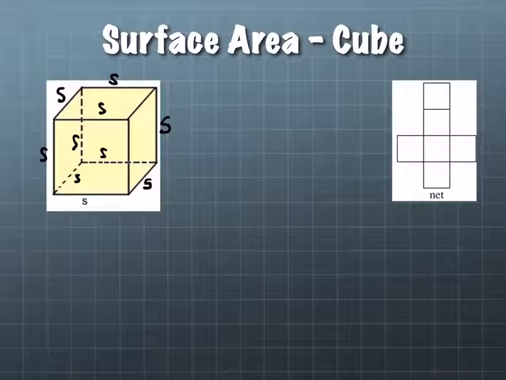If you come over here to this two-dimensional flat shape, this net, it's S on the top and it's S on the side of each square. So what's the area of each square? S squared. And what would then be the area of the 6 squares?